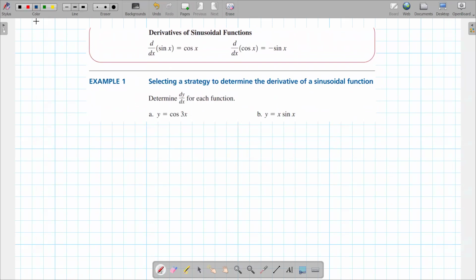All right, so what's the answer to A? What's y prime? The rules are up there if you want them. It's negative sine. Negative sine of what? What's the angle?